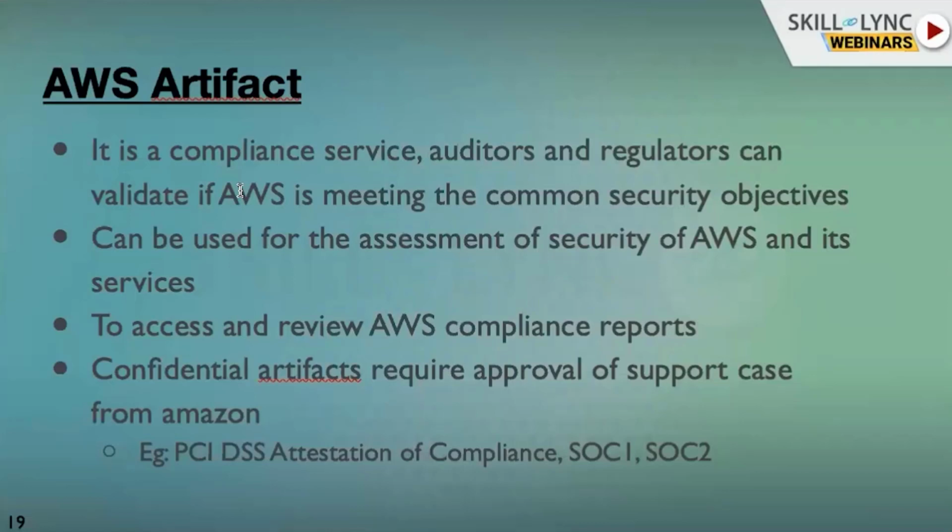Say SOC, since network routing is done by AWS, SOC1 and SOC2 and the other compliances need to be met by AWS. The customer needs to check whether the SOC1 compliance is met already. If it is not met, the customer will not configure on the AWS network.